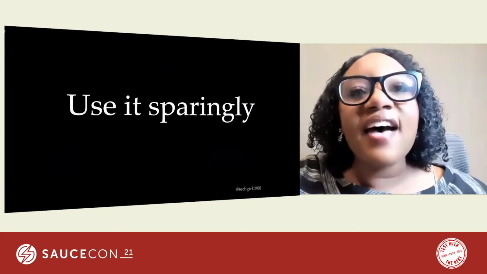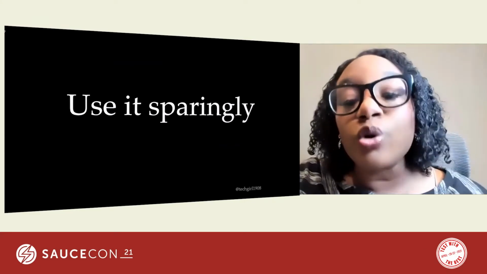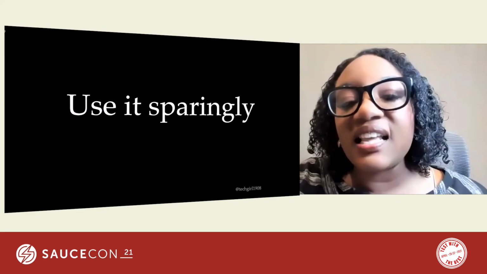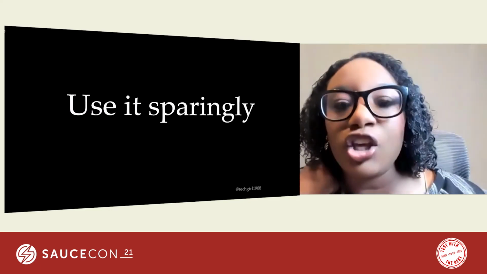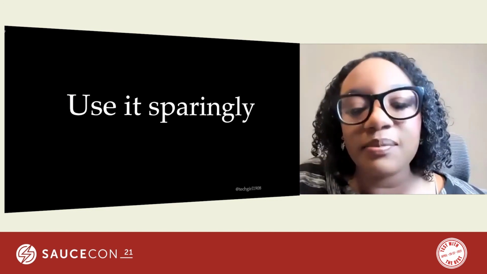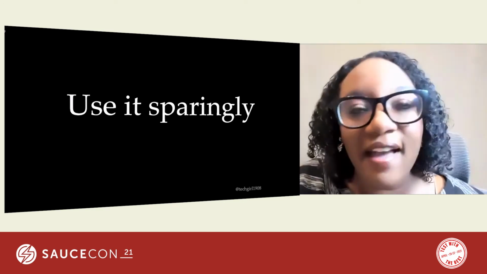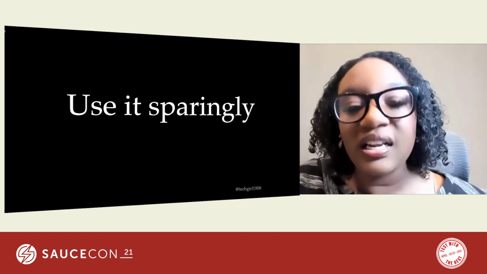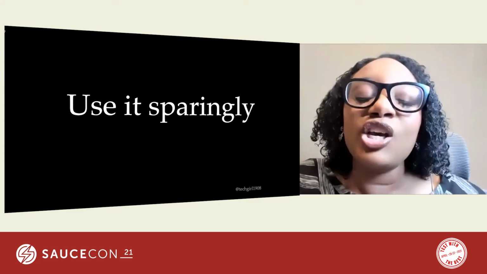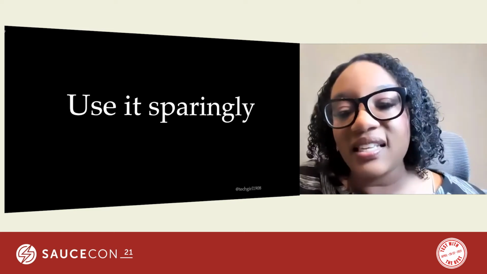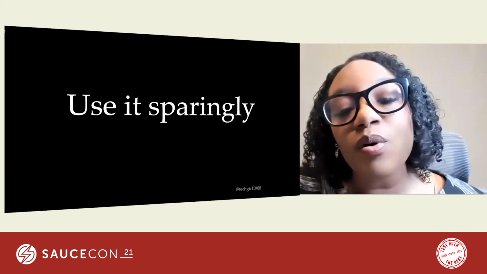Now, it's great to have another tool in our tool belt, but my advice is to use relative locators sparingly. I think using IDs or names as locators is still by far the best option. And everything else, including relative locators, should only be used when ID and name are not available or cannot meet your needs.